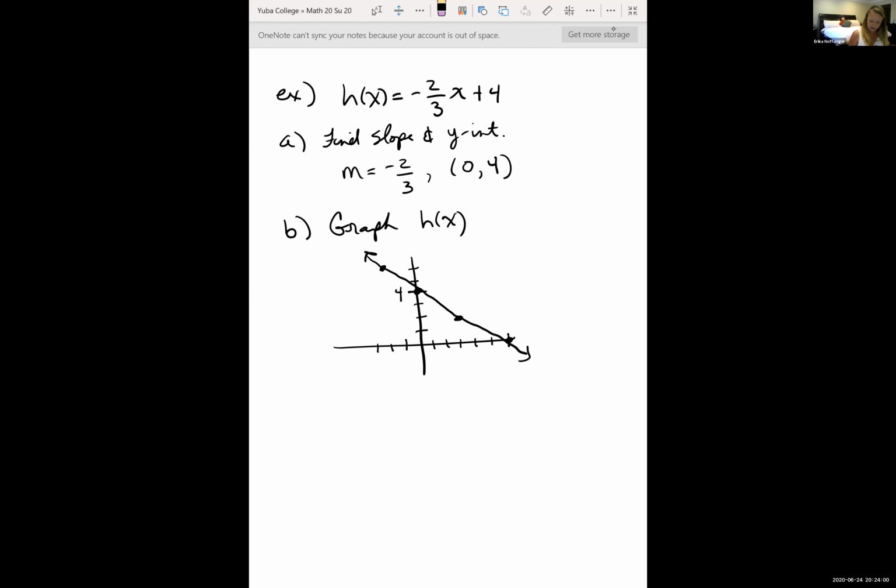So it wants to know, C, what is the average rate of change of the function.